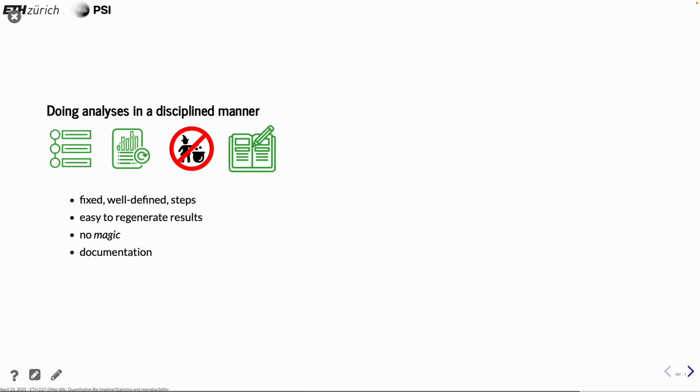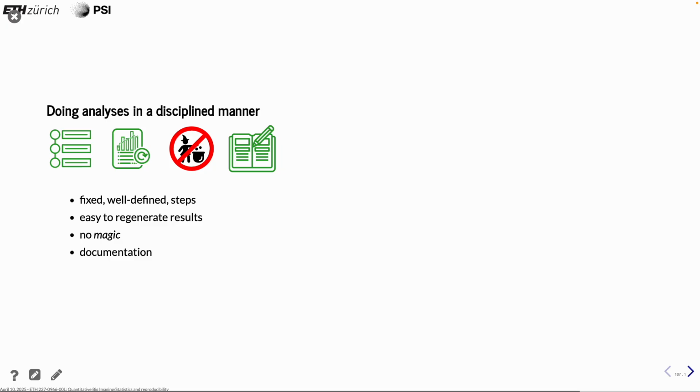So important is to do everything in a disciplined manner. You should have fixed and well-defined steps in your process. And it should also be easy to regenerate results, so you don't have to sit an hour and click and tweak and do stuff.